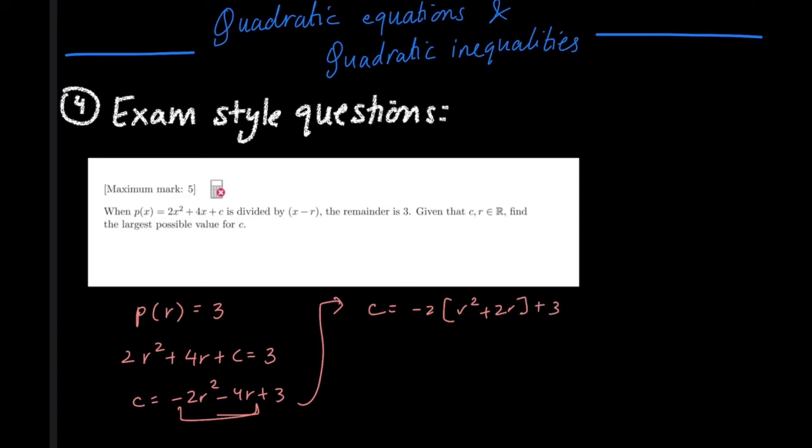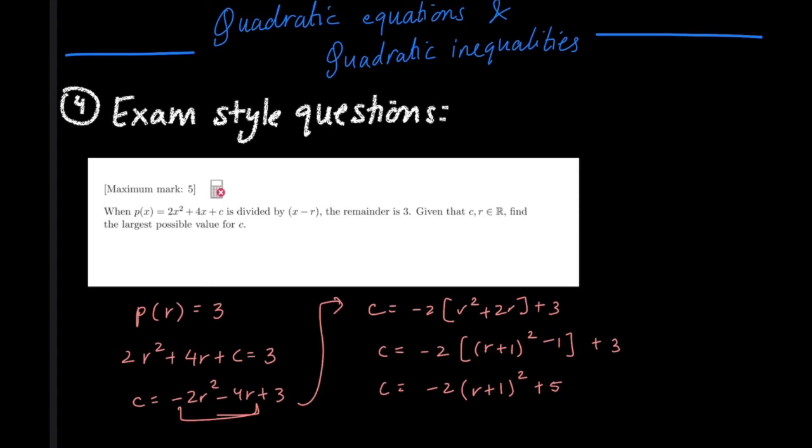We took 2 common and factorized it, and we can factorize this further: r squared plus 2r is basically r plus 1 squared minus 1, plus 3. We expanded whatever was inside the brackets further, and what we get is -2 times r plus 1 squared plus 5.